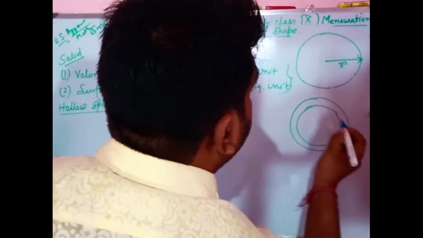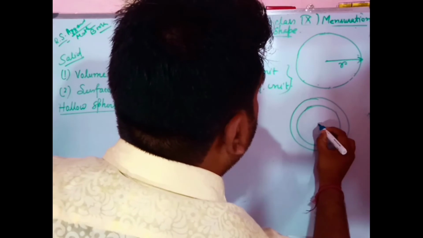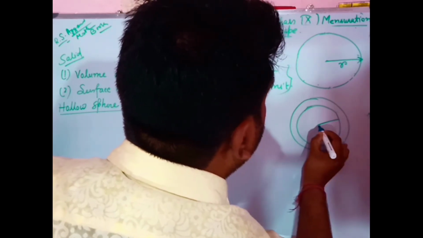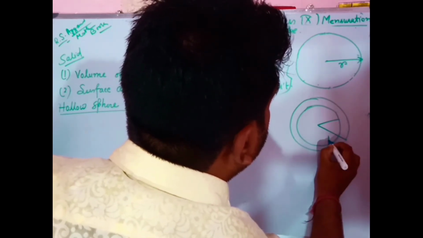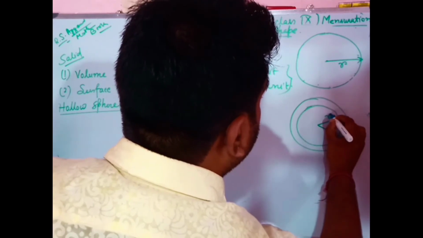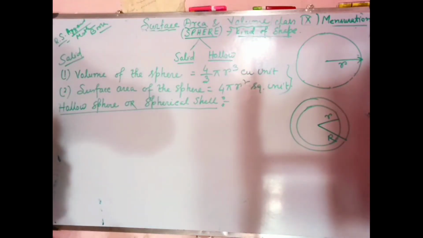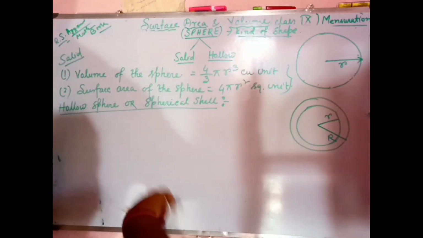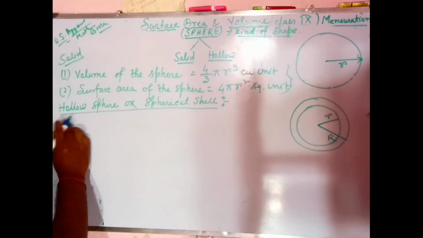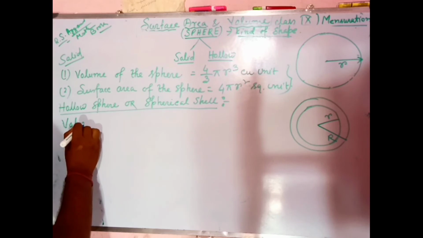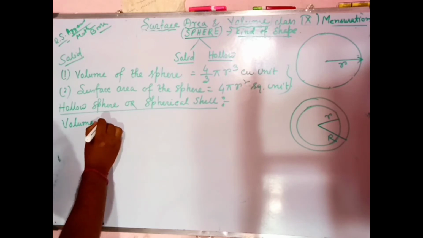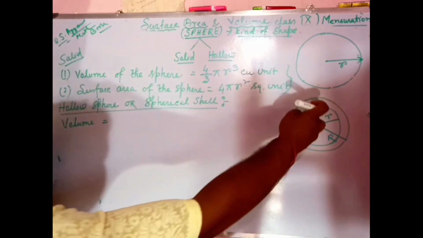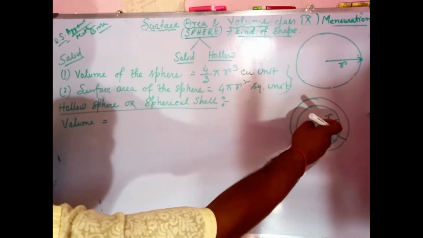So a spherical shell contains one inner radius and one outer radius. Let us take the outer radius as r and the inner radius as small r. So the volume of the spherical shell or hollow sphere is equal to the volume of the outer sphere minus the volume of the inner sphere.